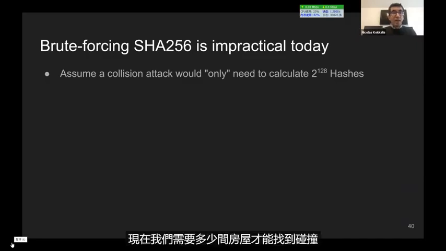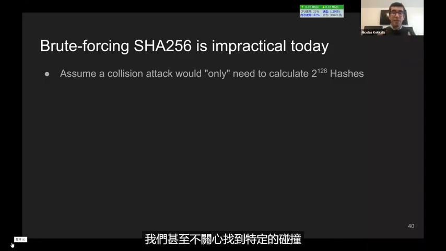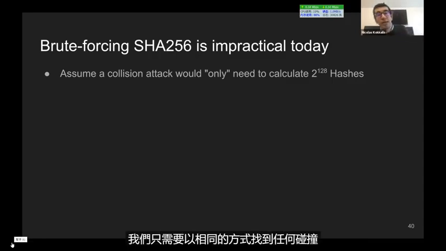Now, how many hashes do we need to try before we find a collision? We said it's 256 bits, and in this case we don't even care about finding a collision of specific predetermined values. We only need to find any collision.